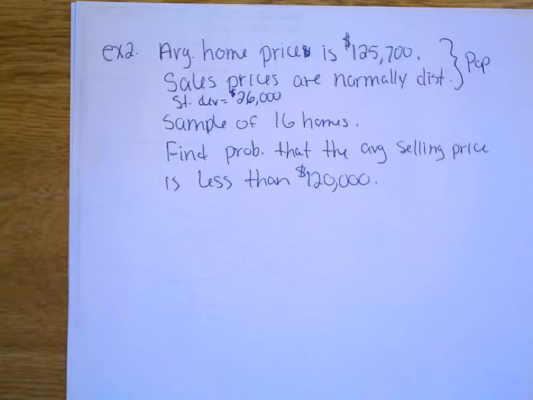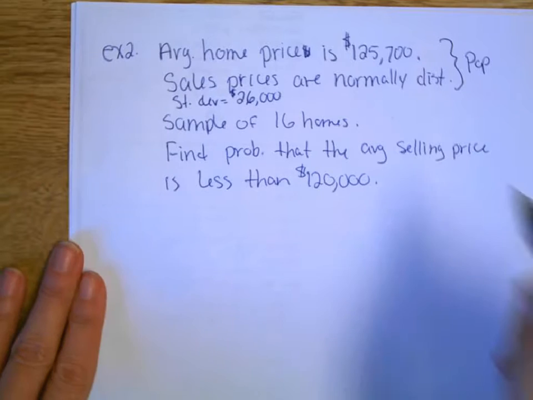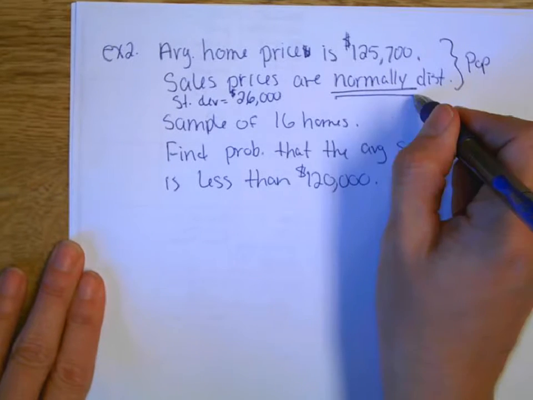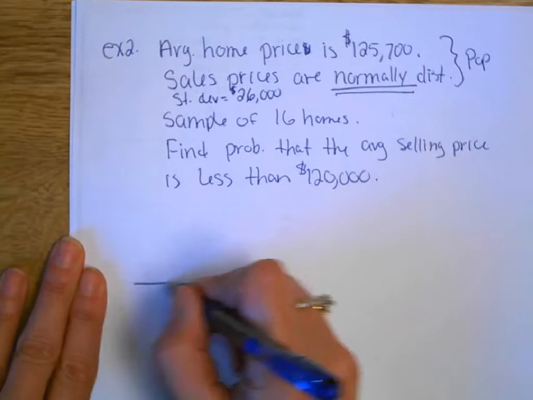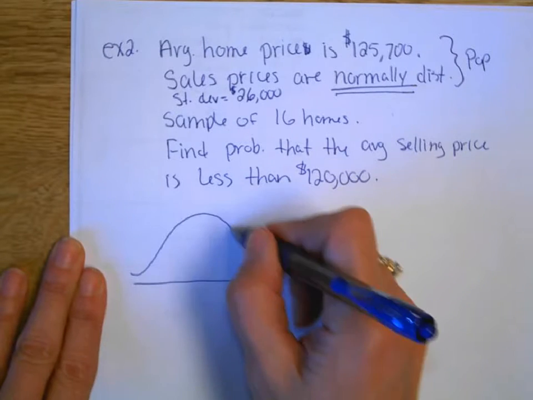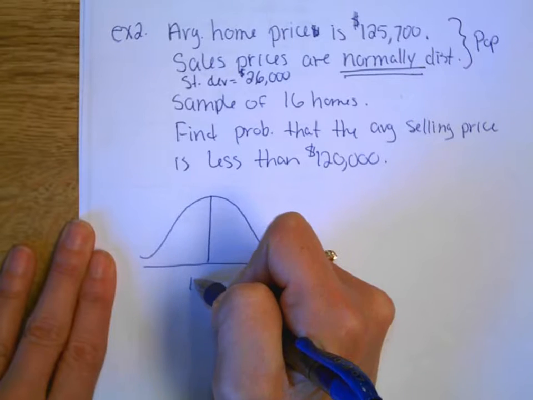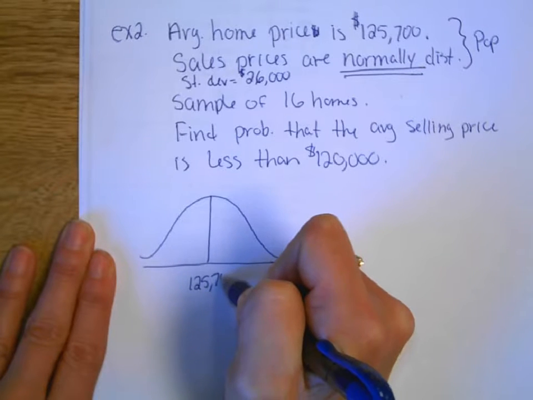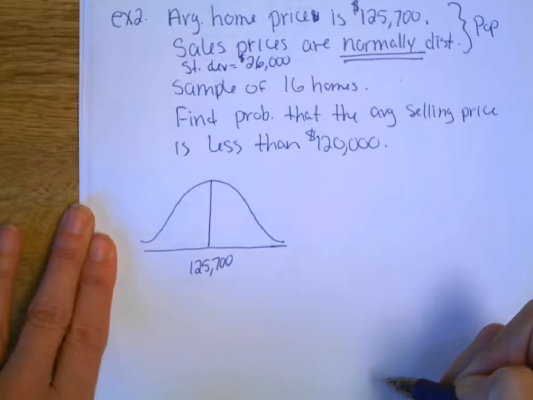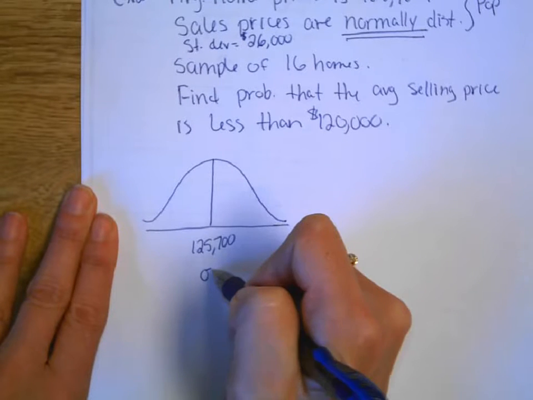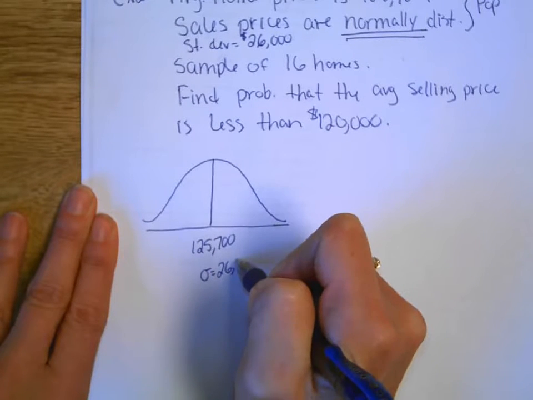You always have to know those two pieces of information. So, my population is normally distributed. Average is 125. And the standard deviation is 26,000.